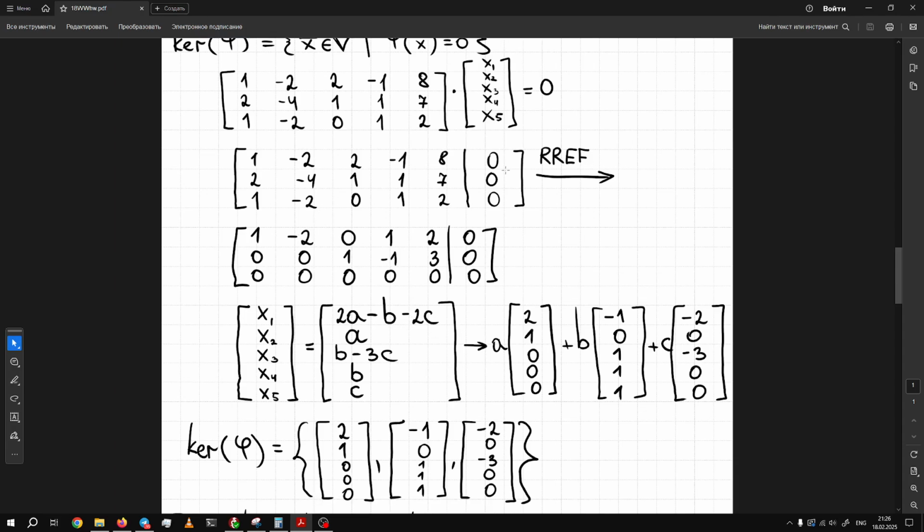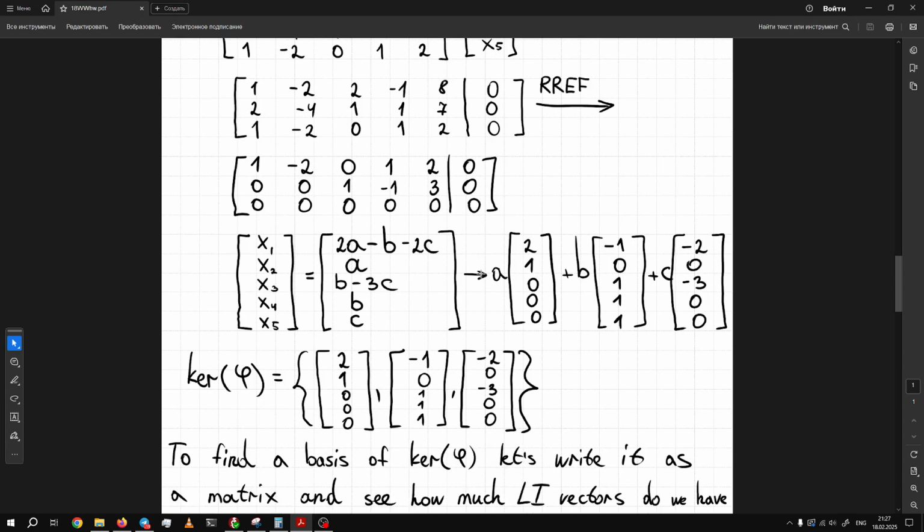So yeah, this is REF, and as you can see, we have two leading elements. This is one leading element and this is two leading, so all dependent elements, this one, and also this one, we denote as some A, B, and C. And x1, x3 is just, as you can see there, we just move from another side.